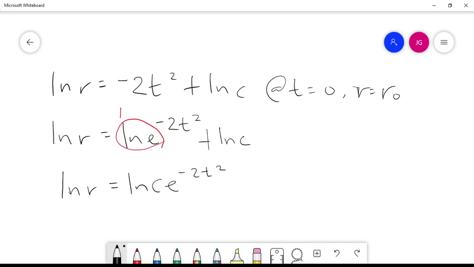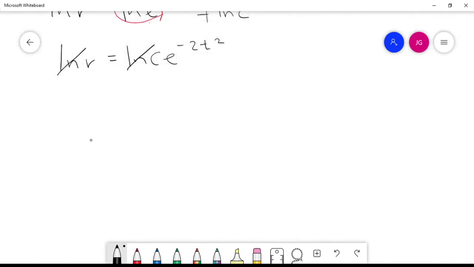And we know, pag naka-equate ang duha ka ln, pwede na to siya i-cancel. Cancel. Then, ang nabilin sa side na to is r is equal to c, then e raised to negative 2t squared.